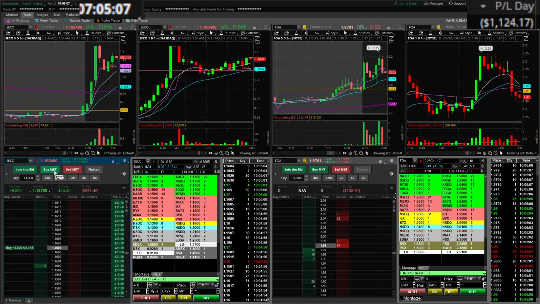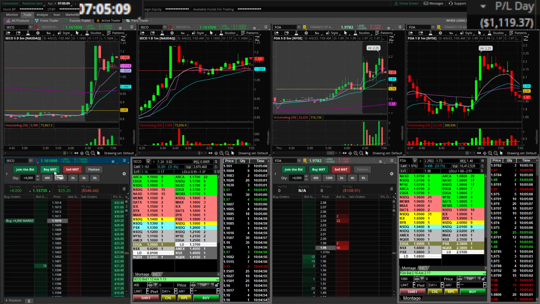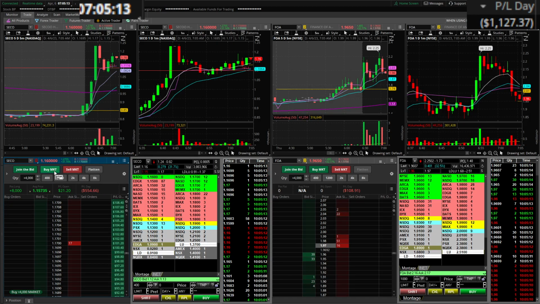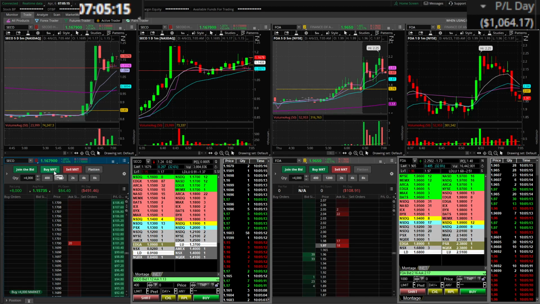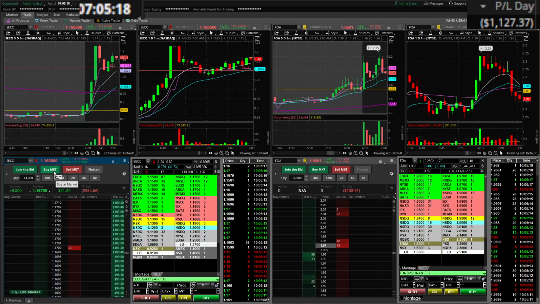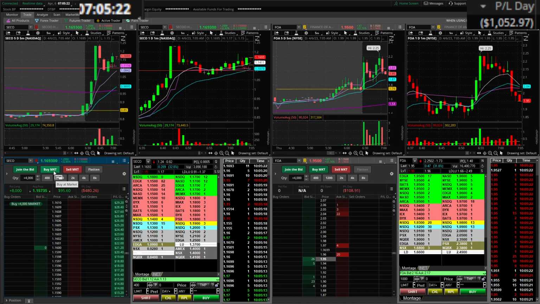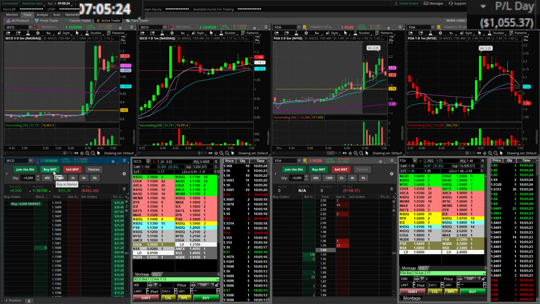Watching 17 break here. Like to see 18, 19. Fires at 15. I'll see 16 on the bids hold.